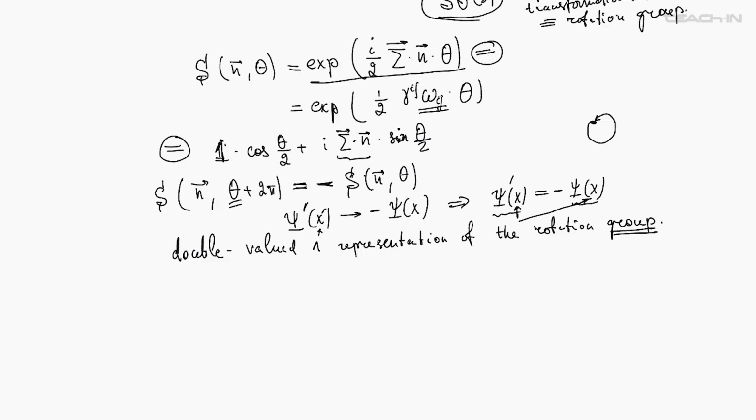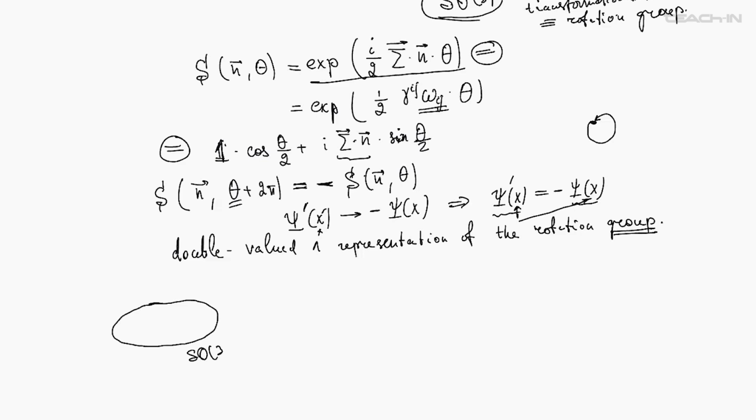Such representations have a specific name in representation theory. They are called double-valued representations of the rotation group. The rotation group is SO3. SO3 has the topological property of being not simply connected. If you try to draw SO3 from a topological point of view, it looks like a circle. So it is connected, but it is not simply connected.